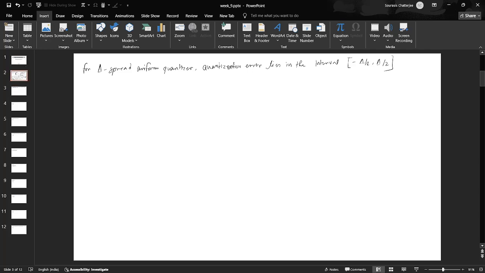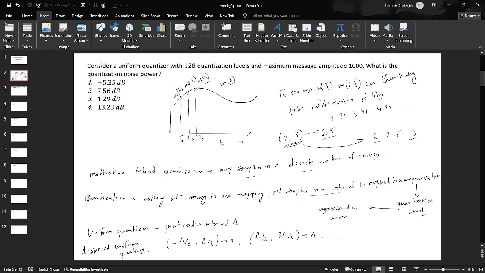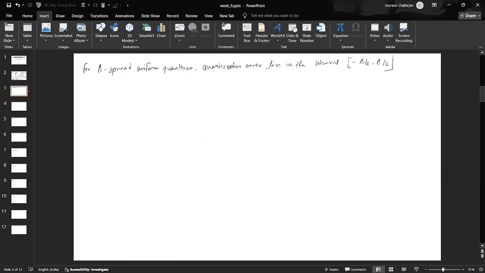That we can verify by picking any of these intervals and its quantization level mapping. For example, here the quantization level is fixed at 0. The maximum error happens when it's delta over 2 because the gap is delta over 2. Minimum error is minus delta over 2. By the way, the absolute maximum error is always delta over 2.